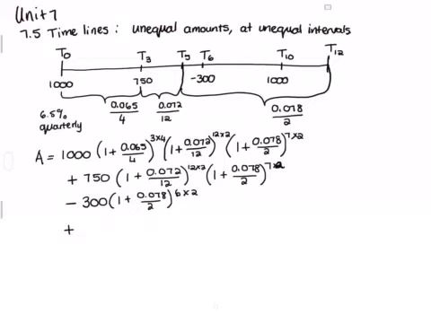Lastly, I deposit another 1,000, so it's a plus. It's only on this last interest rate, and it's only for 2 years. And there's the whole calculation. Thereafter, you just use your calculator.